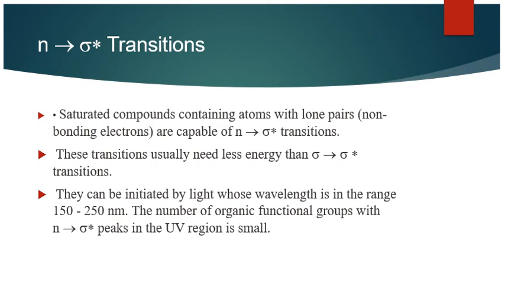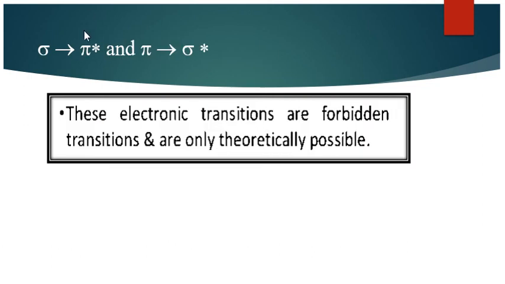These are only occupied when energy is provided to the electrons, and these actually cause the breaking of the bond, because there is too much increase in energy, and the increase in energy decreases the stability of the molecule, and hence they cause breaking of the bond. The electronic transitions sigma to pi star and pi to sigma star are forbidden transitions, and they are only theoretically possible. They are not practically possible.